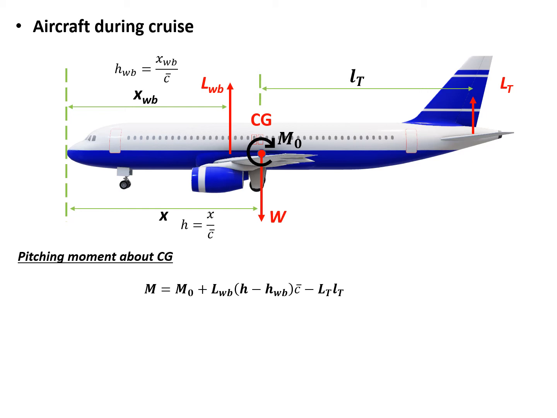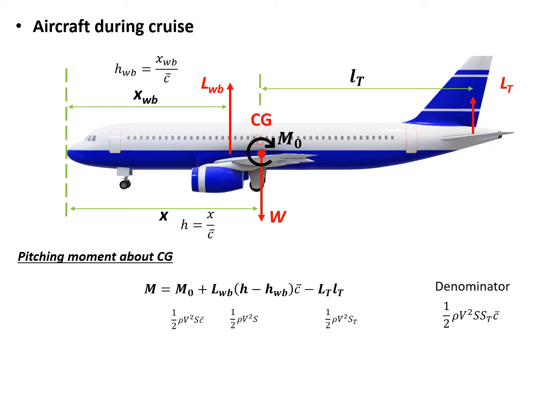Now we need to do the non-dimensionalization. For each component on the right hand side, since the first is M0, it's a moment, its denominator is half rho v squared times S C bar. LWB is a force, so we divide by half rho v squared times S. The same for LT, it's half rho v squared times ST, and the common denominator then is half rho v squared times S times ST times C bar.